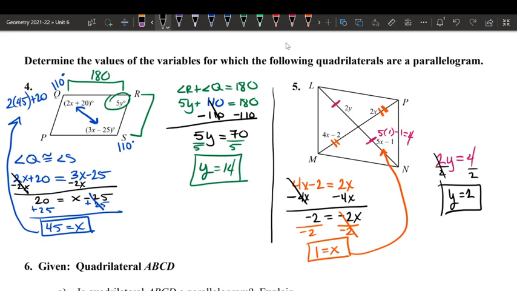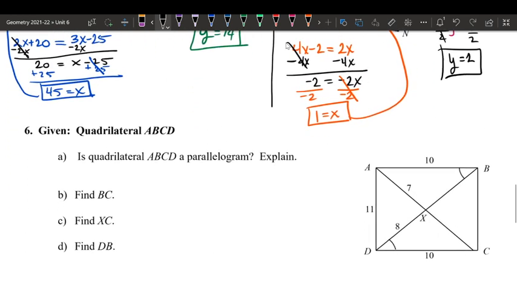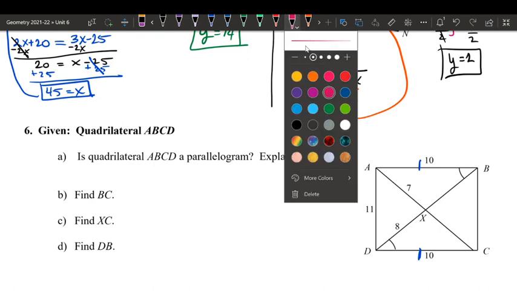All right, so the next section, is it a quadrilateral, and if so, explain. So to be a quadrilateral, we have opposite sides are congruent, and then I have the set of alternate interior angles.